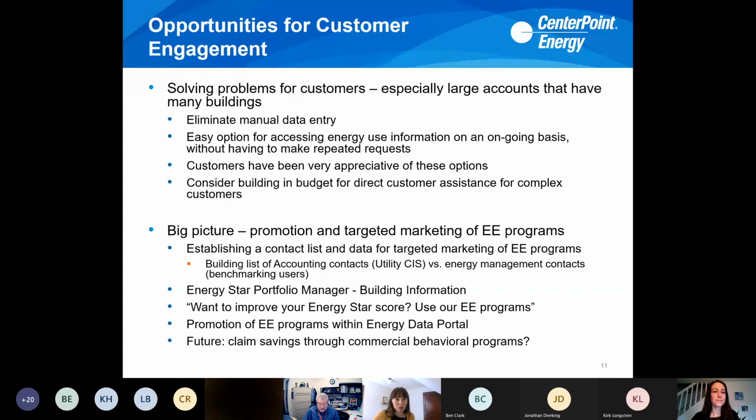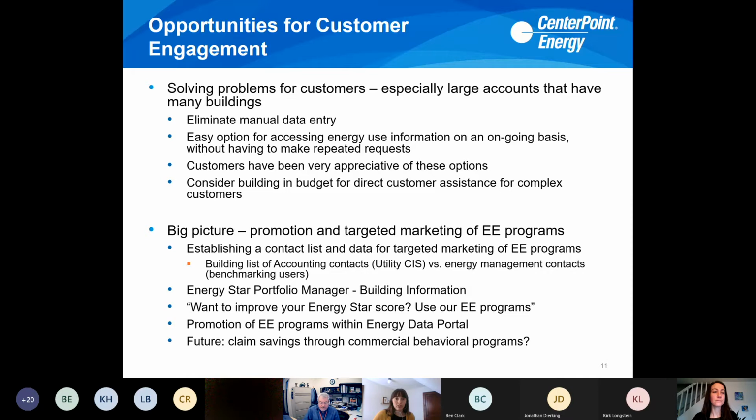So I'd like to just wrap this up talking about how we are seeing this tool as an opportunity for customer engagement. First off, this tool has really been a great way to solve problems for our customers, especially large accounts that have many buildings and accounts that have users who are more interested in their energy use.